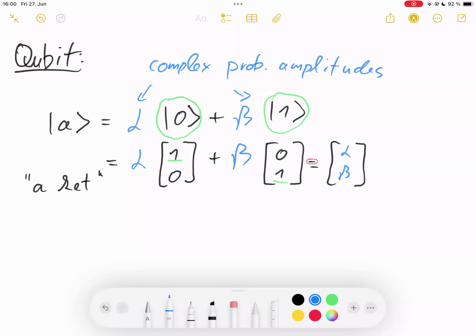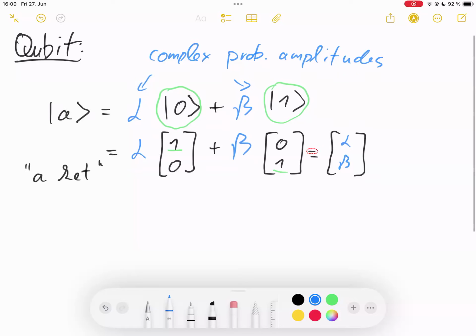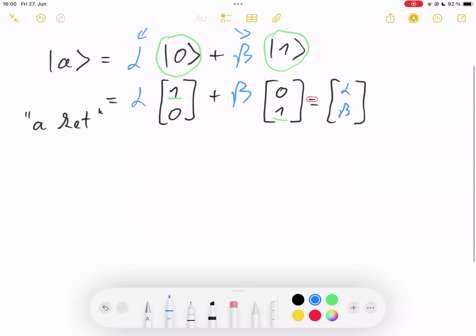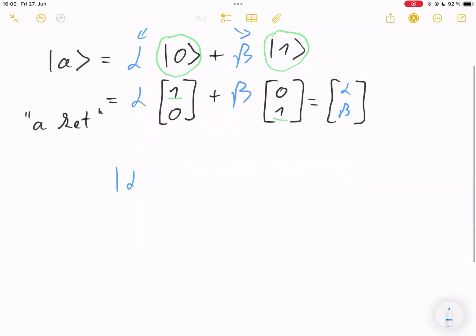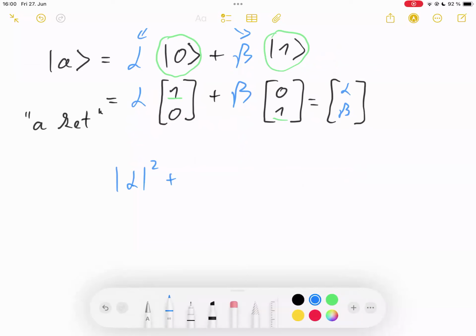There is a constraint, and the constraint is that your modulus of alpha squared plus your modulus of beta squared must be 1. Do you still remember what the modulus of a complex number is? Maybe give me some reaction if you still remember.